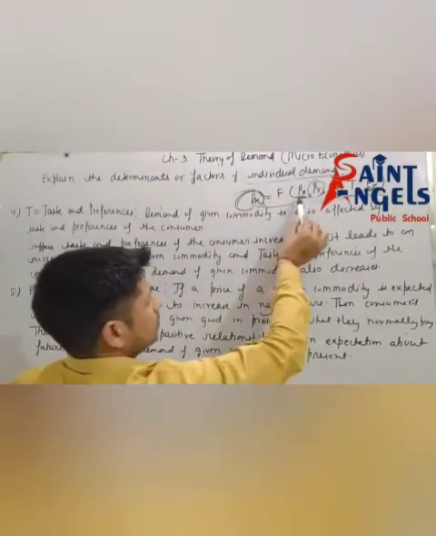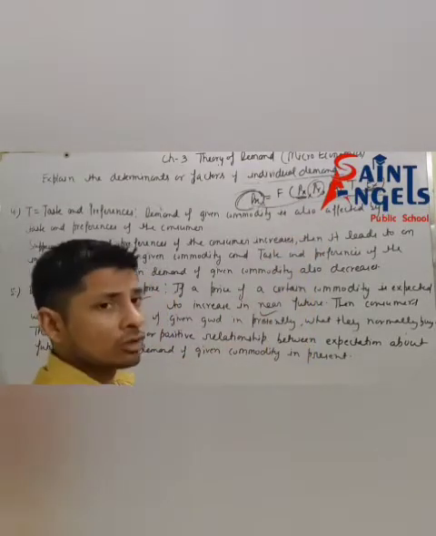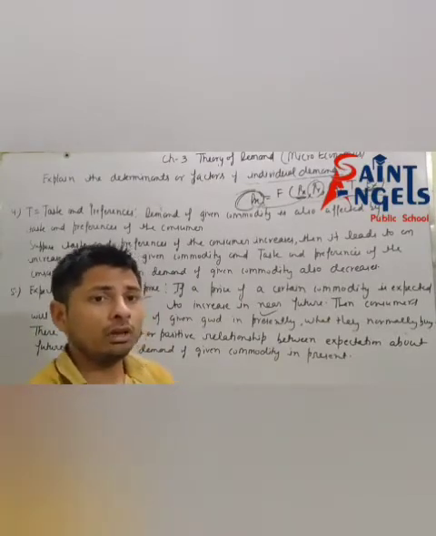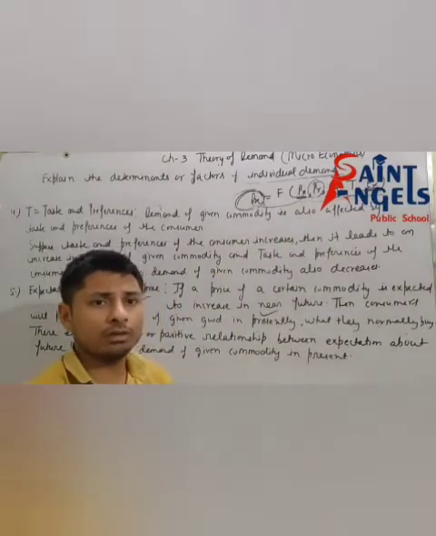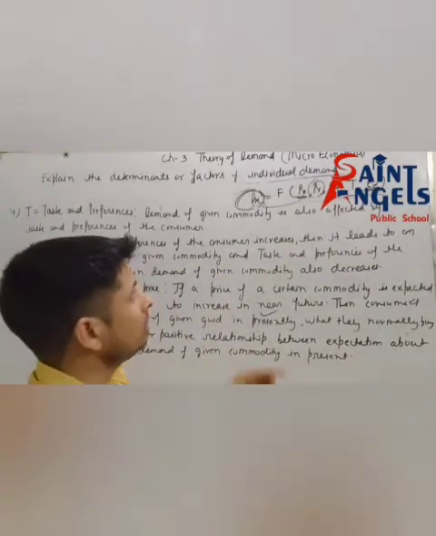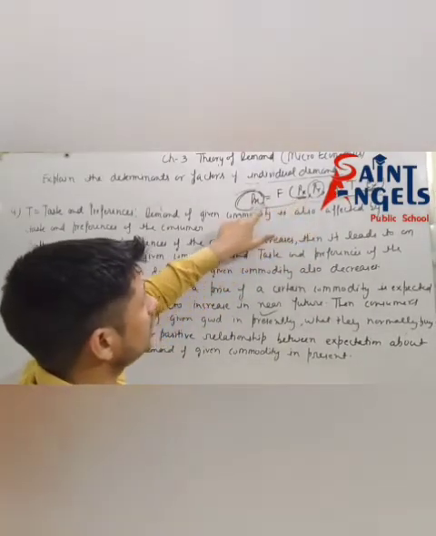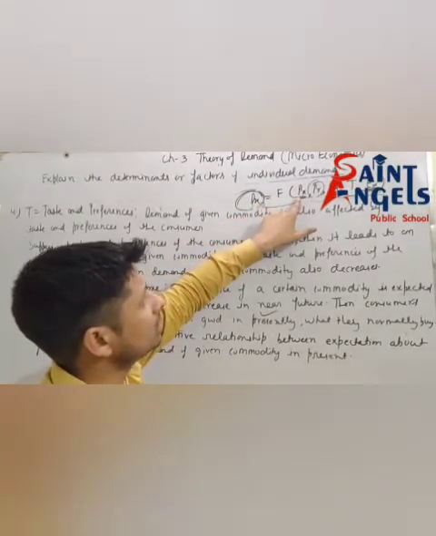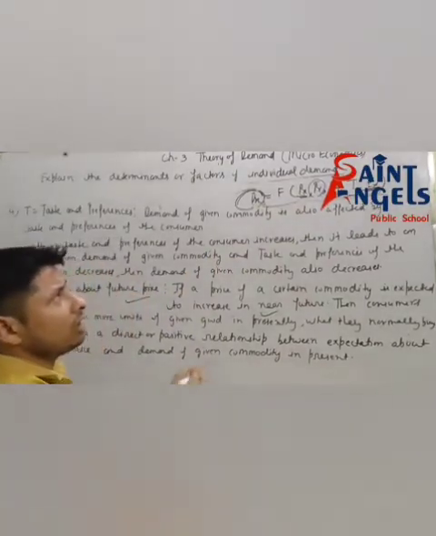See, this is Px, Px means price of x commodity. And as you know, we are considering x commodity as a given commodity, so this is the price of given commodity. Dx means demand of given commodity.